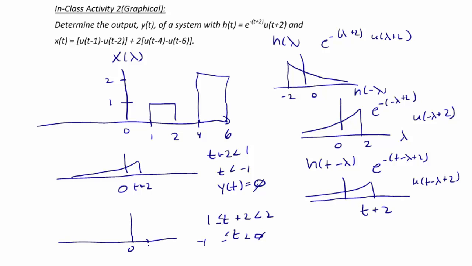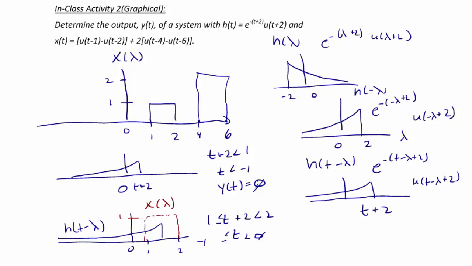So here's 0, 1, 2, and here is h of t minus lambda. And I will put x of lambda in red. And here is that first rectangle for x of lambda.